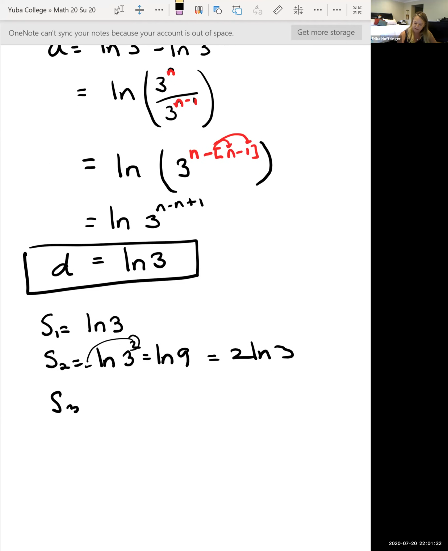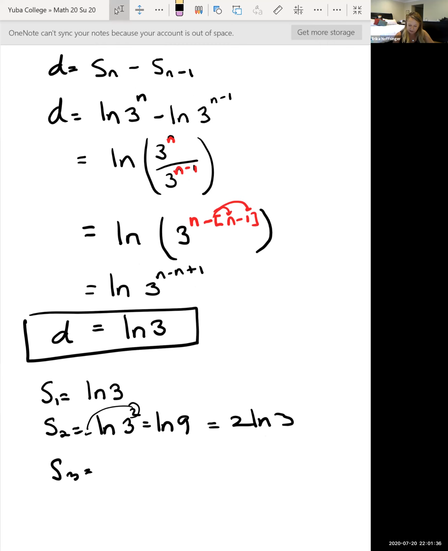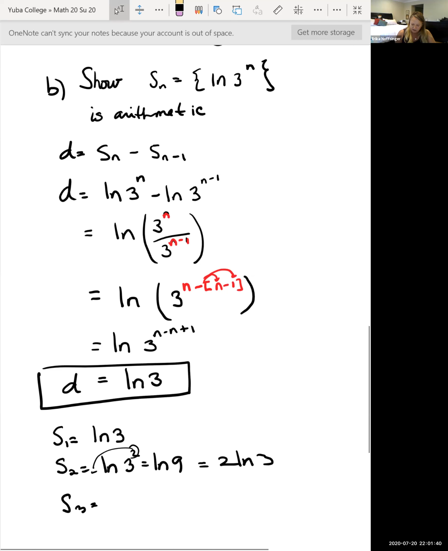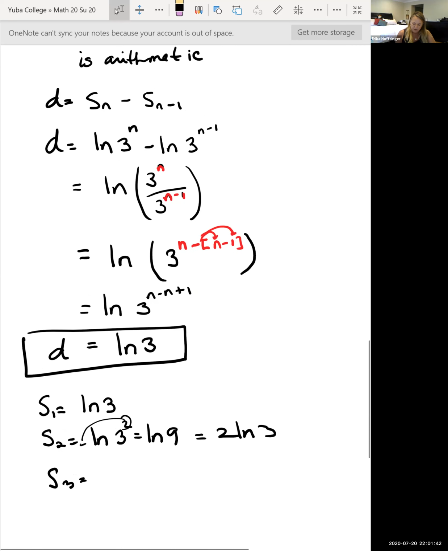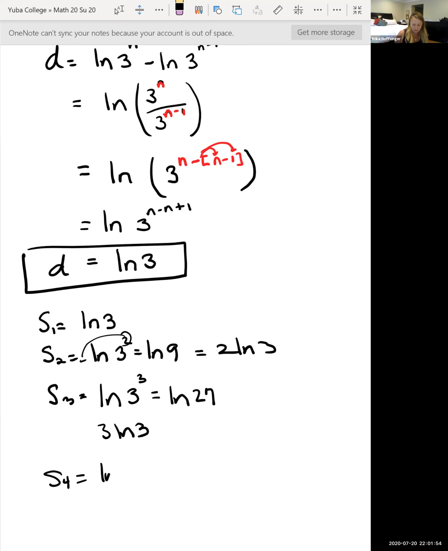S of 3, so if I go back in here and plug in 3 wherever I see an n, we have natural log of 3 cubed, which is the natural log of 27. Or another way we could have expressed that was 3 natural log of 3. All equivalent. And S of 4 is the natural log of 3 raised to the 4th, natural log of 81, or the same thing as 4 natural log of 3.